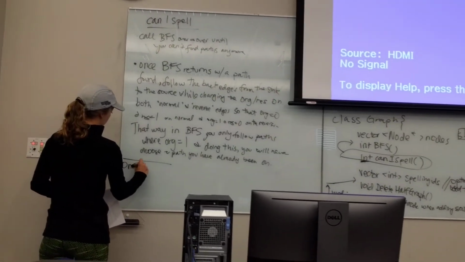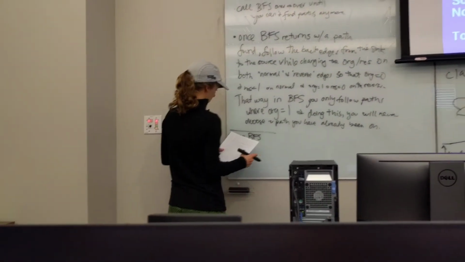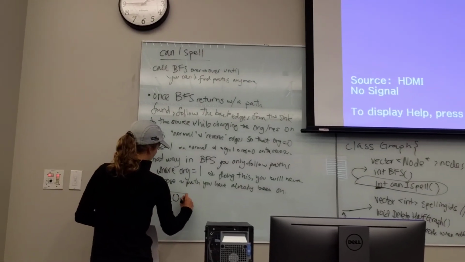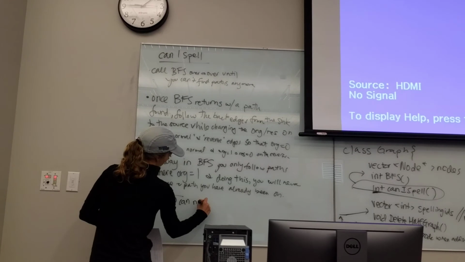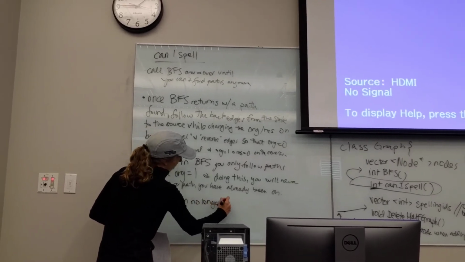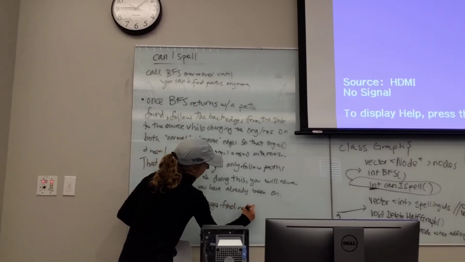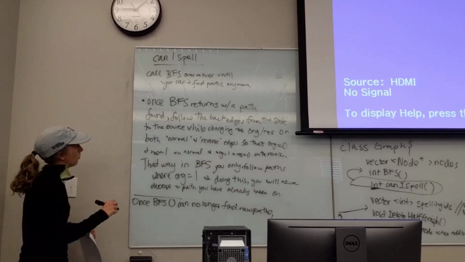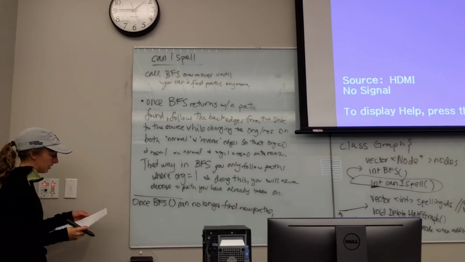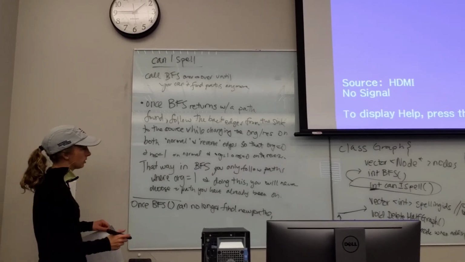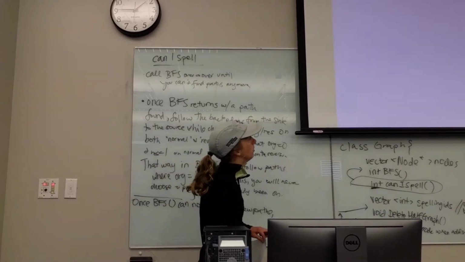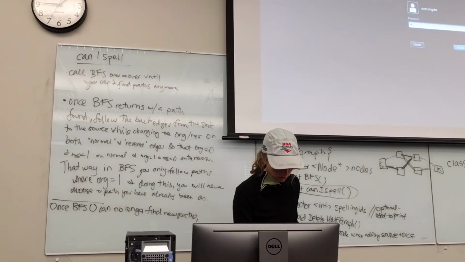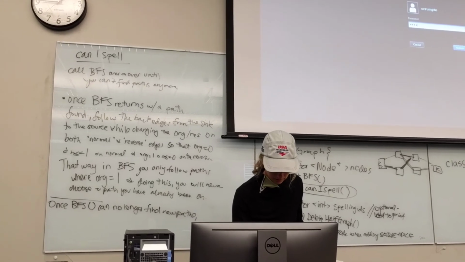So once breadth first search can no longer find any more paths, you're going to be exiting out of that while loop that does all of this stuff. And we're going to check all of the nodes that go from R, A, G, E to the sink.